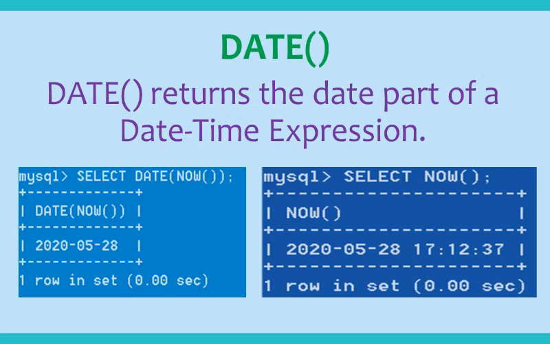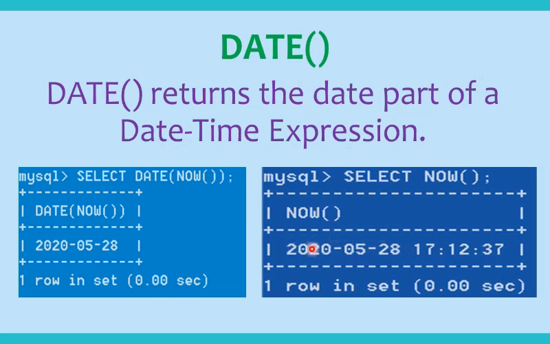Next function is date function. Date function returns the date part of a date time expression. As we know, now function returns the date in this format, means date and time. Suppose we want to extract only the date part, only this part we want to extract.